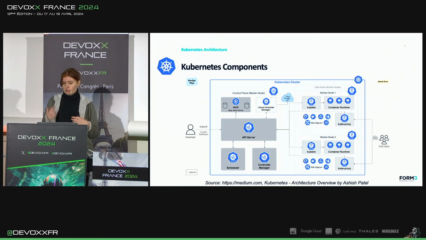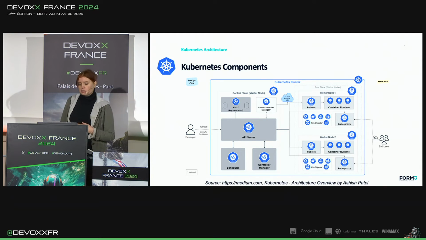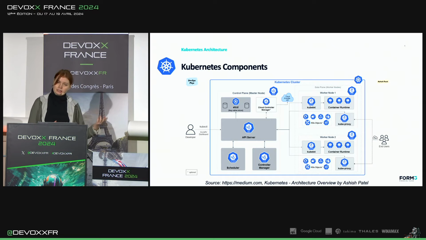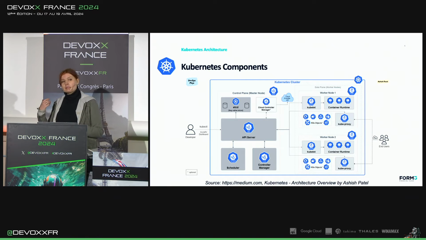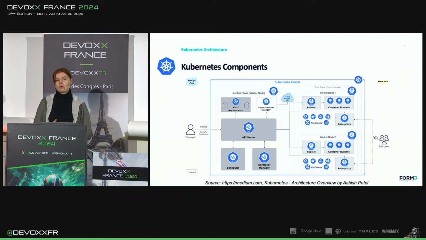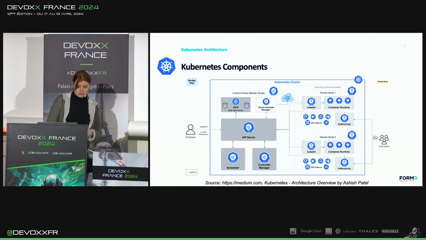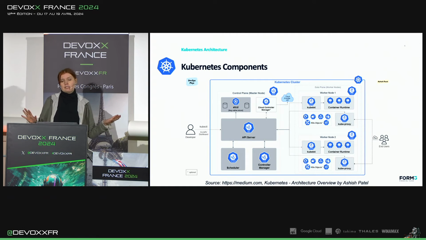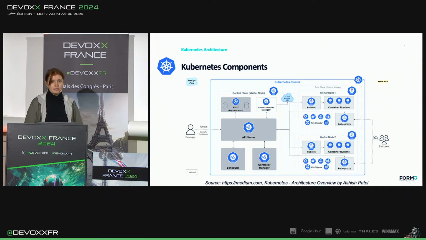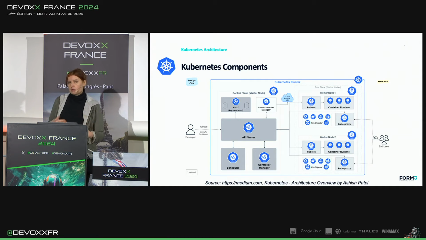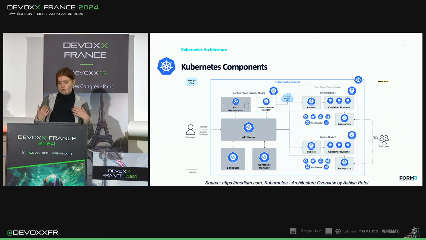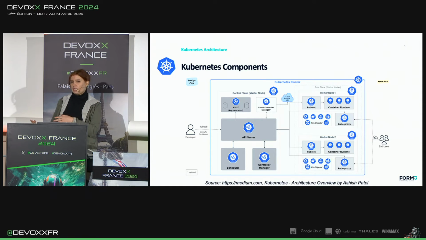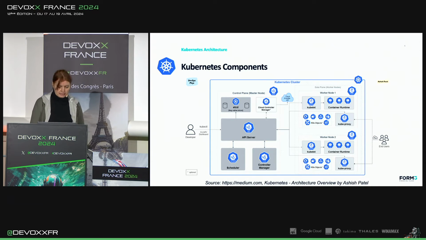Kubelet also exposes this HTTP-based API, similar to the API server, but this API is for internal use only, so we shouldn't have access to it. However, sneak peek to our demos, we will exploit an unsecured kubelet API to get unauthorized access to our cluster.